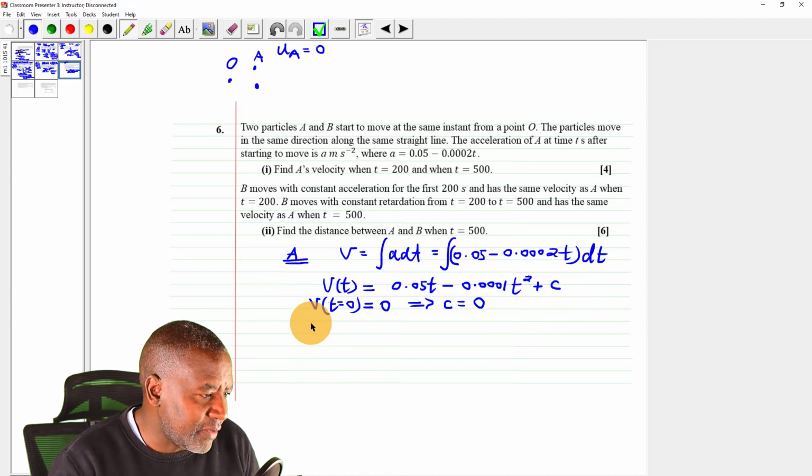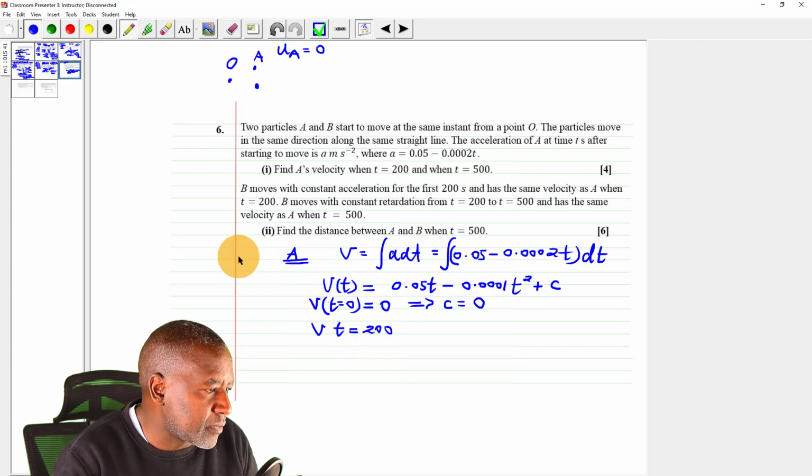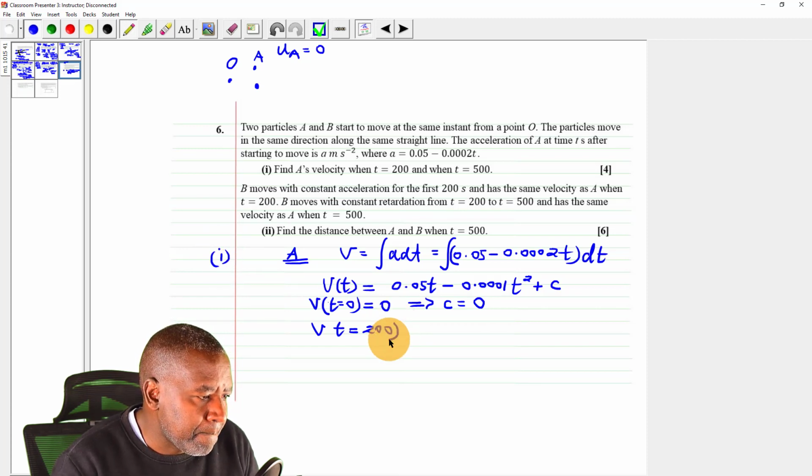So let's get the value of the velocity when t is 200 seconds. Of course, here, don't forget we're working out part 1. So we are just going to substitute this value over here.